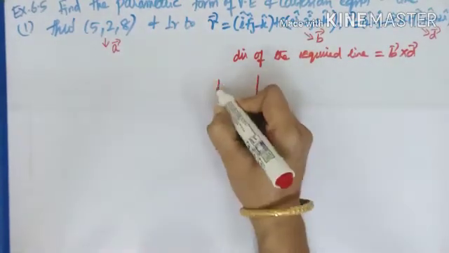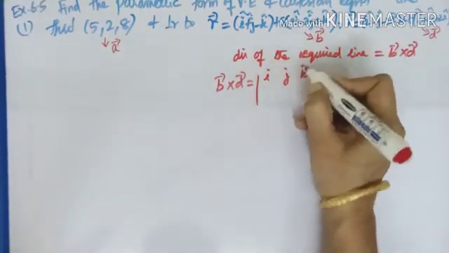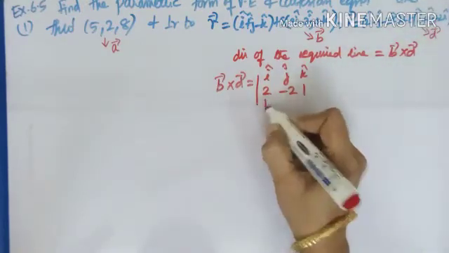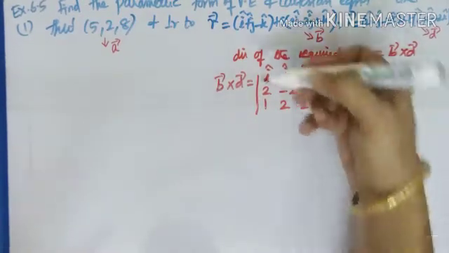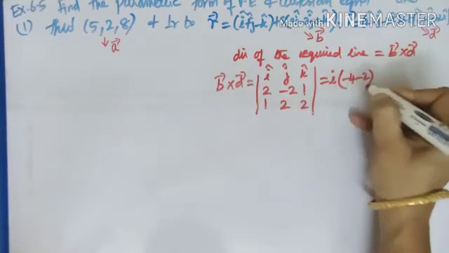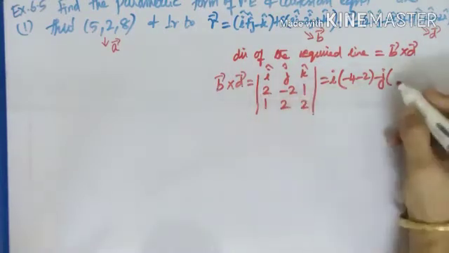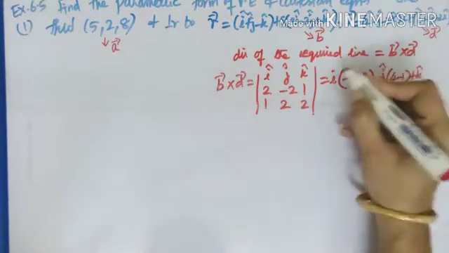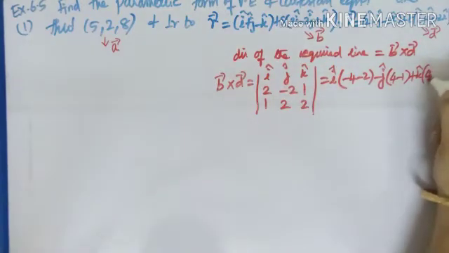So I will get B cross D equals to I, J, K. B vector numbers 2, minus 2, 1. D vector is 1, 2, 2. Expanding the determinant, it is I into hide the row and column, minus 4, minus 2. Minus J into hide the row and column, 4 minus 1. Plus K into hide the row and column, 4 plus 2.